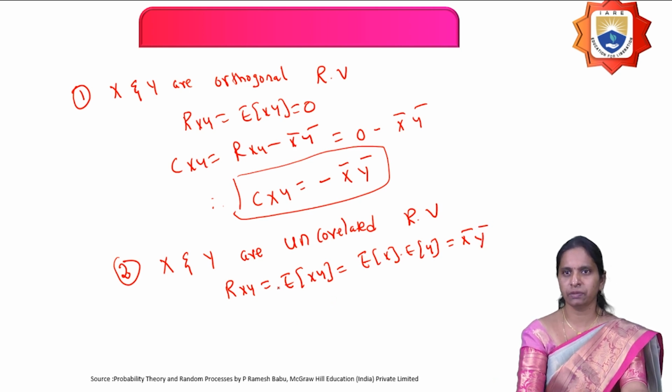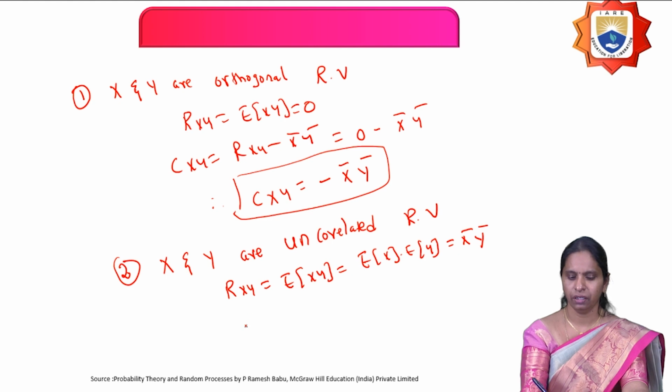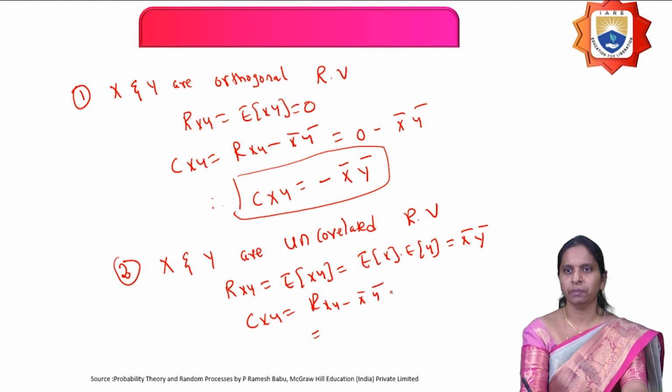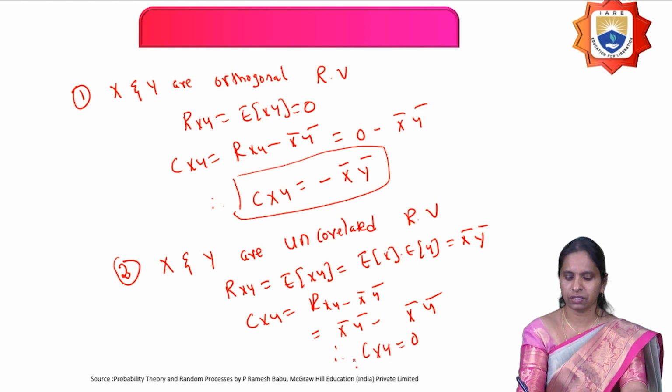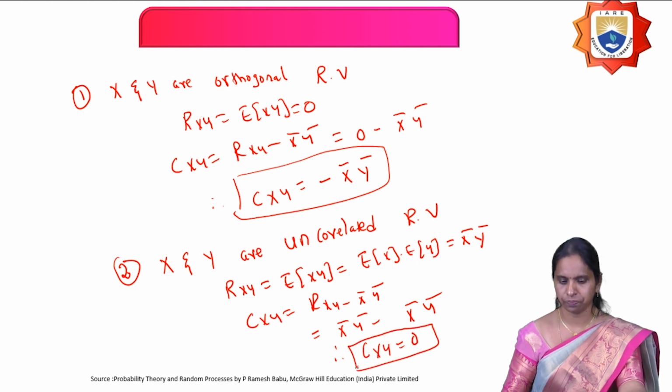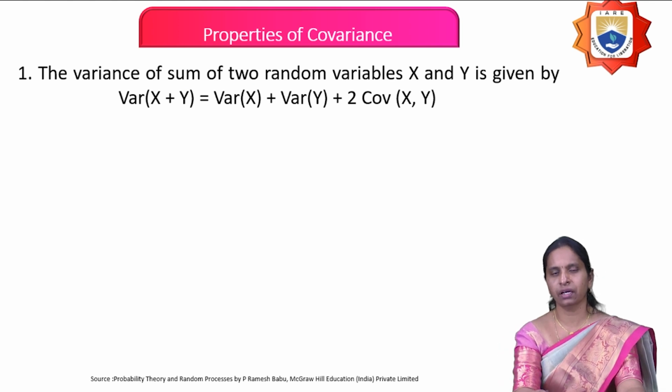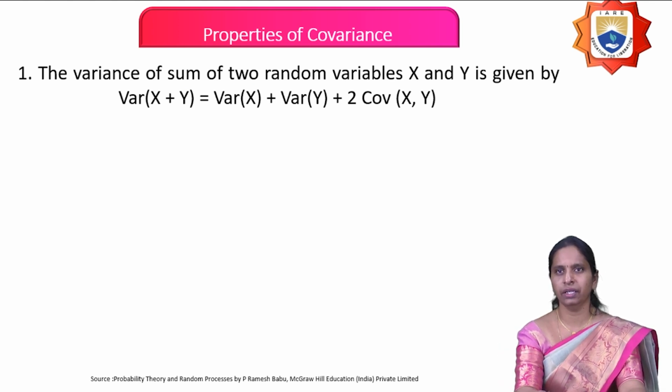Therefore, Rxy for uncorrelated variables is x bar into y bar. Then the expression for Cxy is Rxy minus x bar into y bar, so x bar into y bar minus x bar into y bar. Therefore, if two random variables are uncorrelated, then the covariance is equal to 0. And you can say that they are also statistically independent.